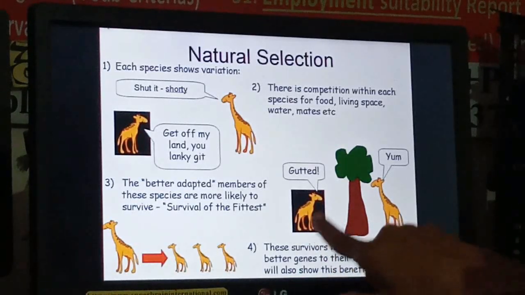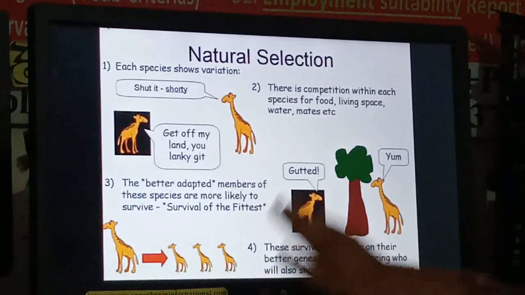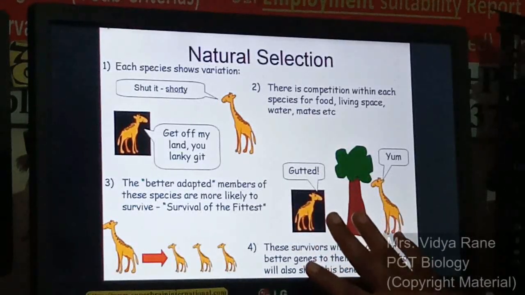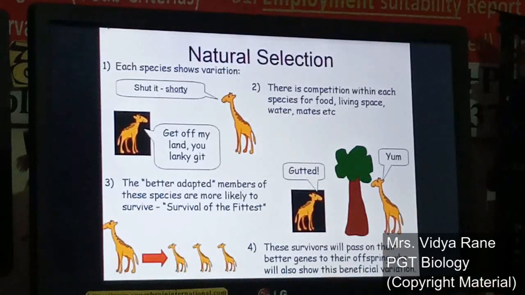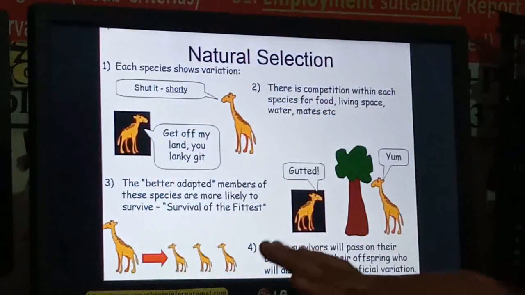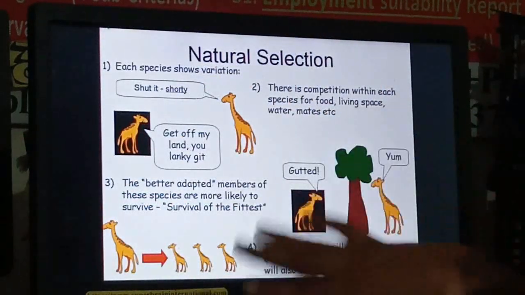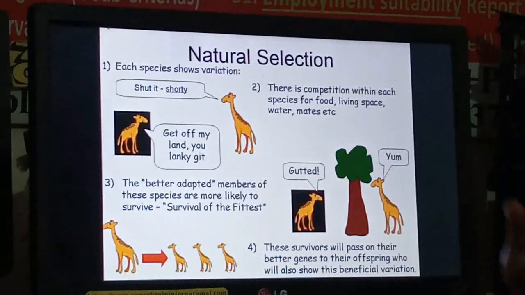Those who did not adapt were discarded. So according to Lamarck, new species will evolve based on the organs or body parts which they use continuously, and the parts which are not used for a long time will be discarded.